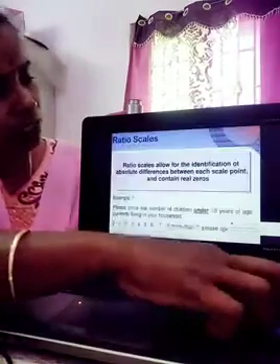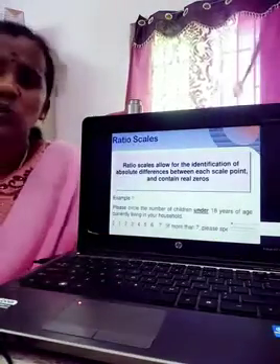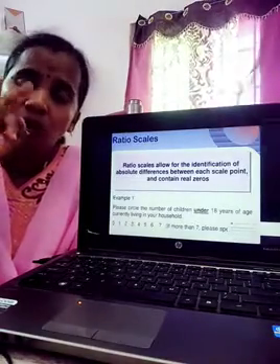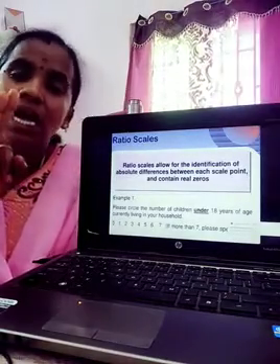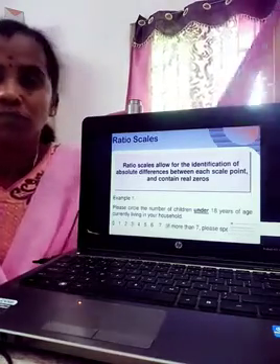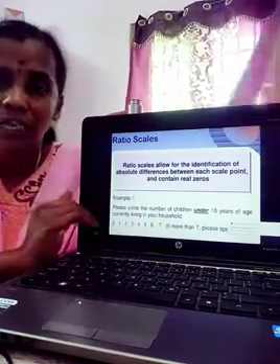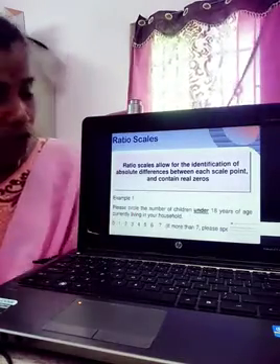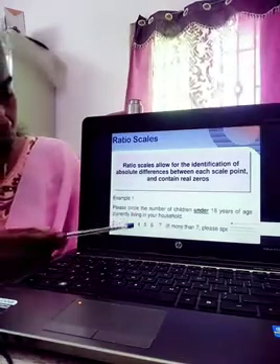Next we will see the ratio scale. Ratio scale will have the name, order, interval, and it will start from 0. In the other scales it can go to minus, but ratio scale starts from 0: 0, 1, 2, 3, 4, 5.